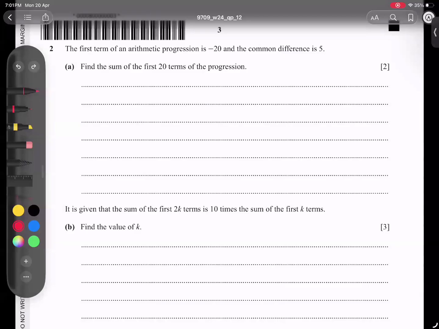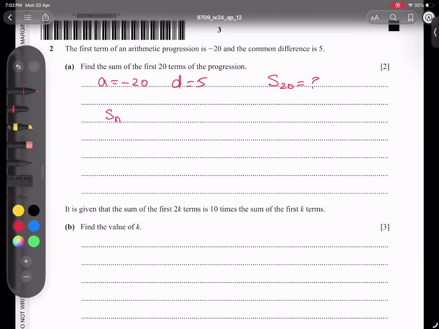Question number 2, students. We have the first term of an AP as negative 20 and common difference 5. So I'm writing first term is negative 20 and common difference is 5. We're looking for the sum of the first 20 terms. Because it is an AP and n is given, I think I can directly apply S20.